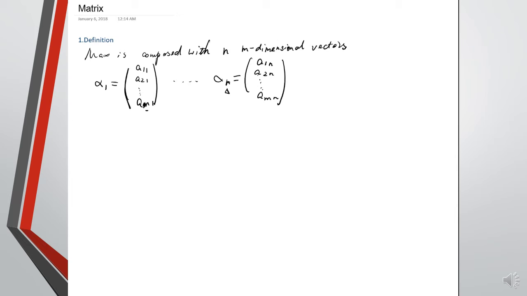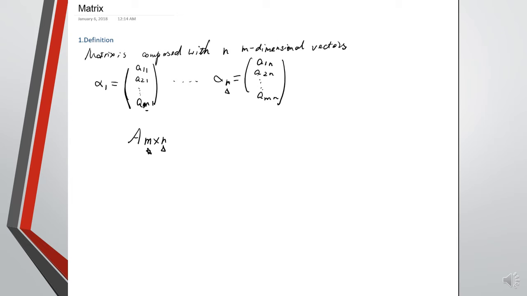All right, so any matrix. Oh, there's something wrong here. So the matrix is composed of the column vectors like this, and all together we just wrap those vectors right together, and we put a notation as A, as a matrix with n m-dimensional column vectors.